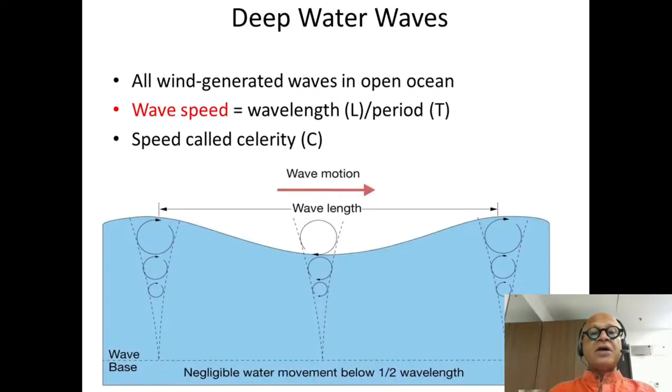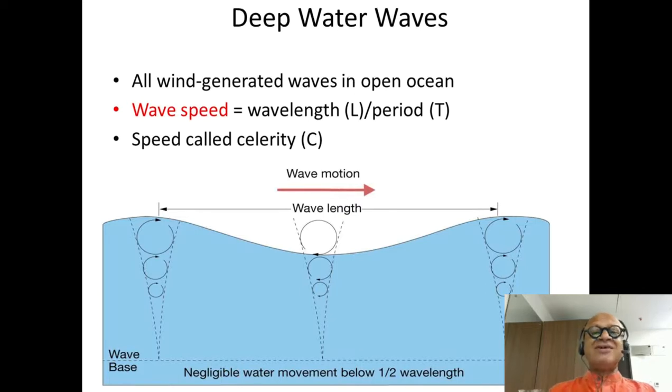Looking at it a little more carefully, all the wind generated waves in the open ocean are deep water waves, because the ocean average depth is about 3 kilometers, right? Unless you are close to an island, a beach, mainland, whatever. Open ocean away from land is always deep water waves, and the wave speed is defined as wavelength divided by the period.